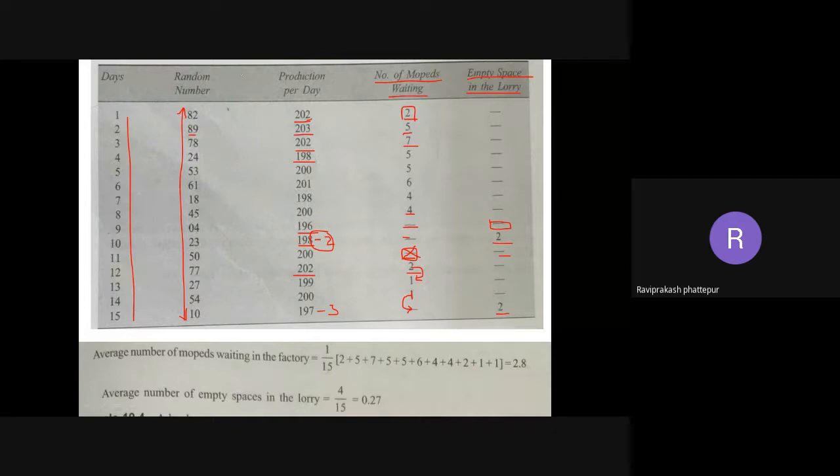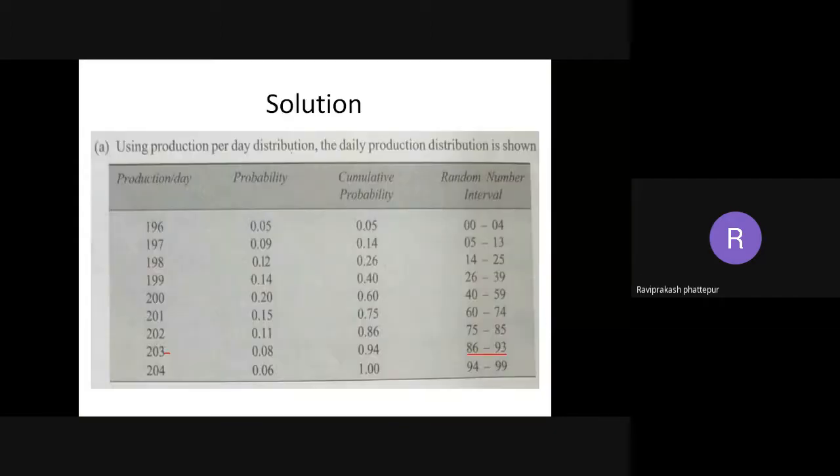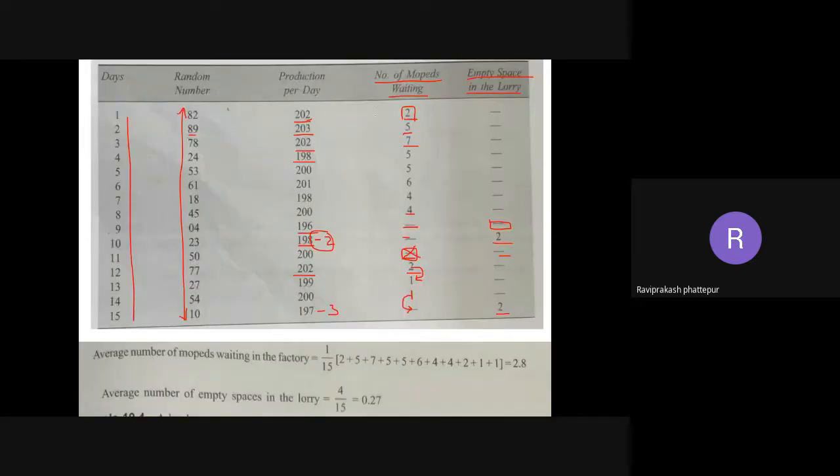So this is how we are making this for 15 days. For 15 days, taking random numbers, we are finding out the production per day based on the random number interval here. With that we are trying to find out how many mopeds will be waiting in the factory, extra produced, and if there is less production, how much extra space is there in the lorry, if the number of production is less than 200.